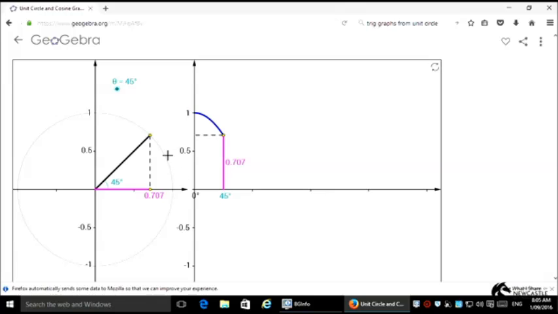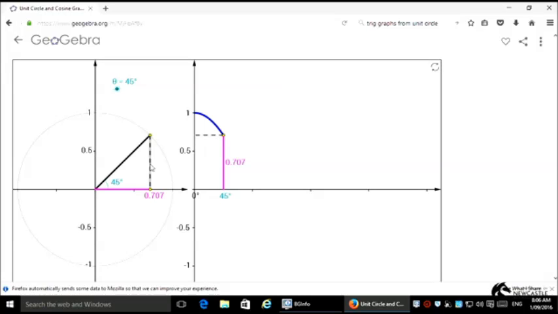Remember our definition of the sine and cosine of an angle. If I've got an angle like 45 degrees there, then the cosine of 45 degrees we've said is the x-coordinate of the point P. So the cosine of 45 degrees is 0.707 approximately. That's 1 on the square root of 2. Likewise, the y-coordinate is the sine of that angle.